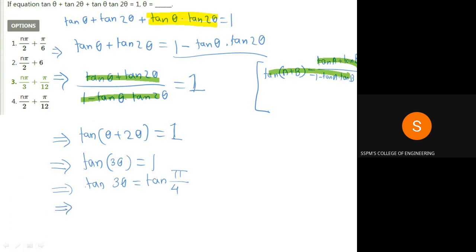So tan 3 theta equals tan pi by 4. Therefore 3 theta is equal to n pi plus pi by 4. Okay, n pi. This is important. This should not be forgotten.